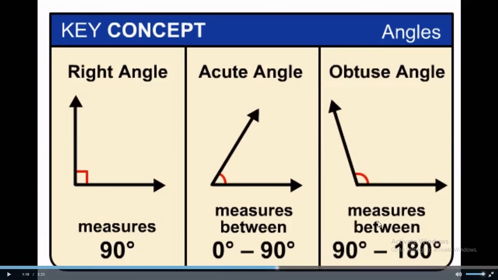Okay, as you see now the types of the angles. Only these angles are common in the triangle. There are other types of angles, like a straight angle, okay? But in a triangle, only the right angle, acute angle, and obtuse angle are common.